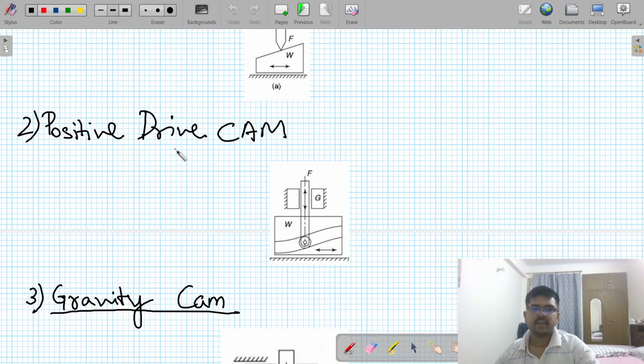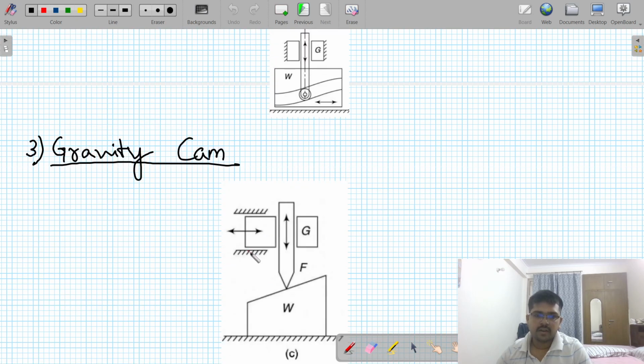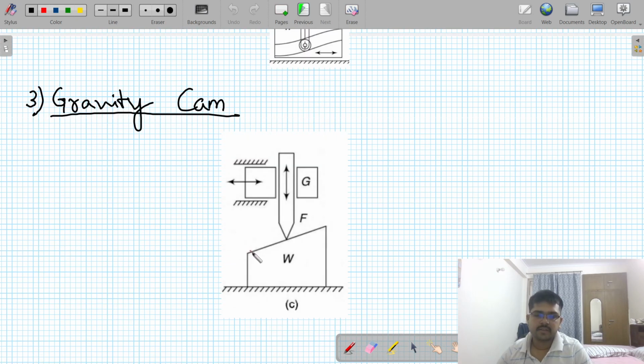Now positive drive cam is shown here, in which we have a groove cut on a plate like we had studied earlier, and because this follower is in the groove of the cam, it's called a positive drive cam. Now gravity cam. What are gravity cams? This is the guide.